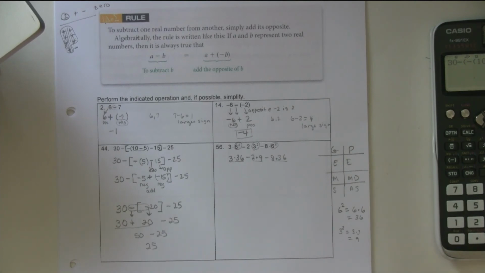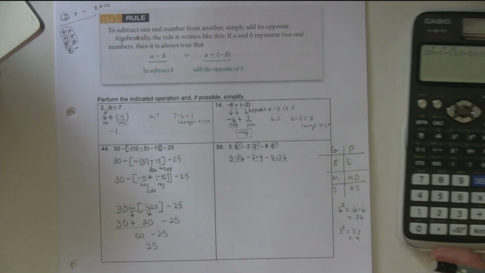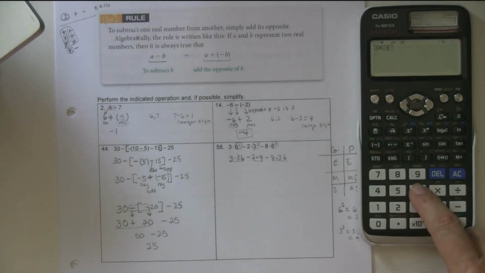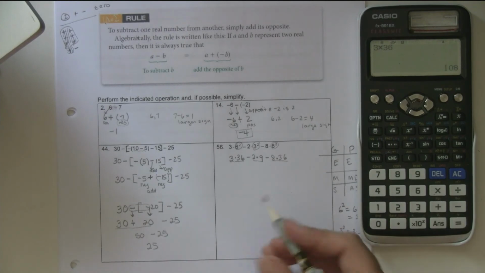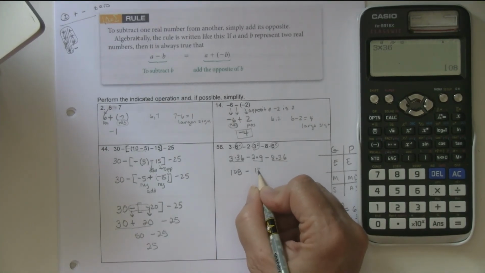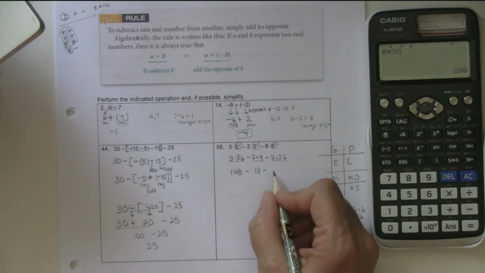People always ask, are you going to allow us to use a calculator? And I do. I want you to be able to use it as a tool. So 3 times 36, I get 108, so I'm going to use it. 108 minus 18 minus 8 times 36, which is 288.